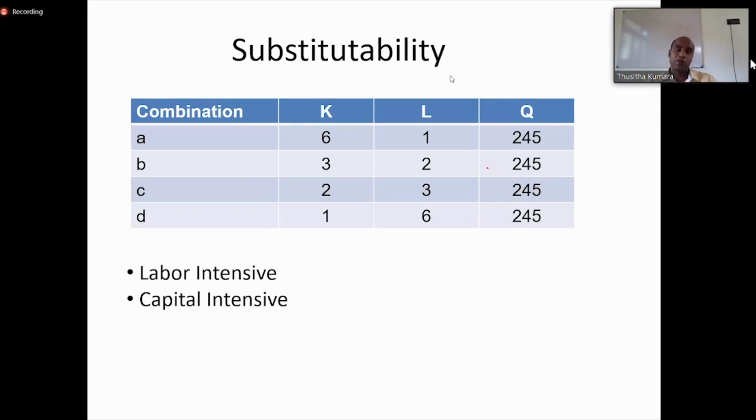Efficiency parameter: how to decide the value of the efficiency parameter, for that we can use regression. Right? Simply, if you are taking a Cobb-Douglas type of production function, what we can do, we can put them into log. Then we can have some survey and get these log values and put that into the regression.